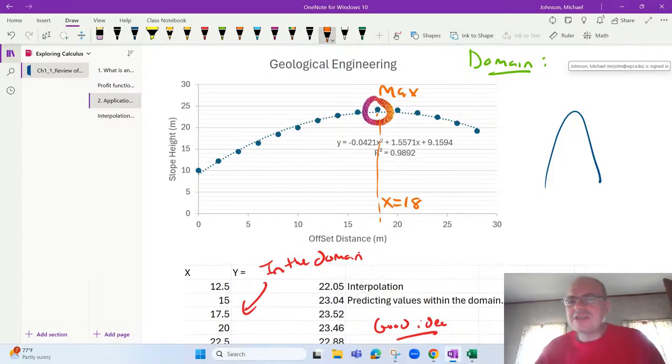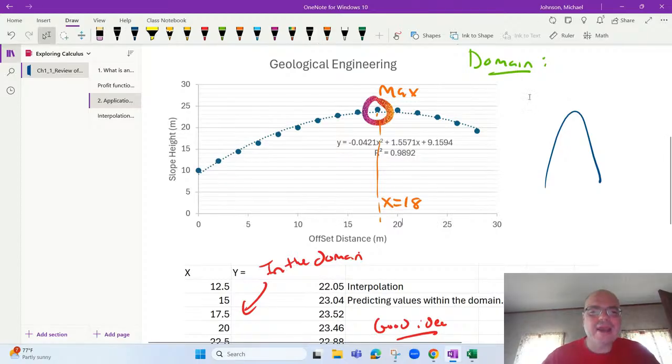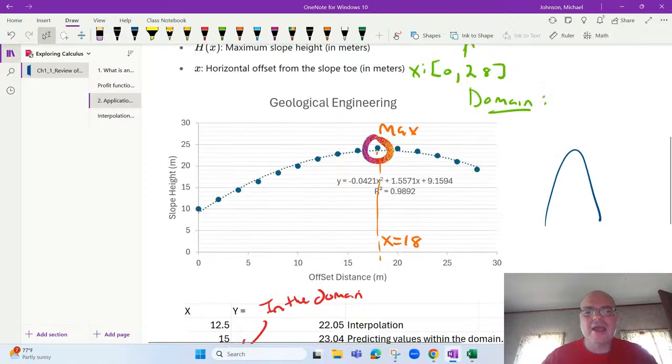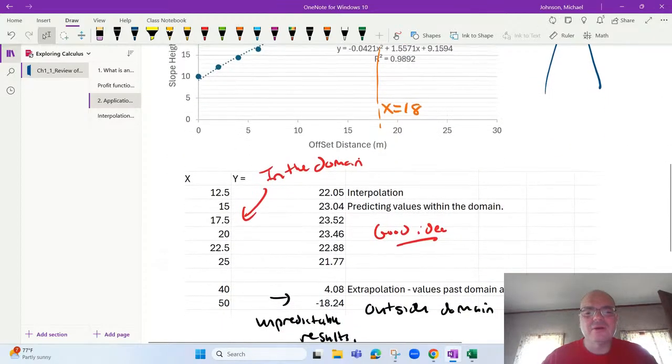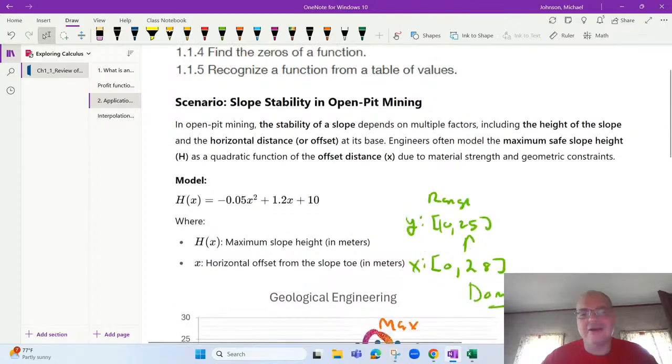So x equals 18 gives you about the maximum value of your function. I can look back at the profit function or look at what I had earlier. Now I've made this sheet rather long, but that's fine.